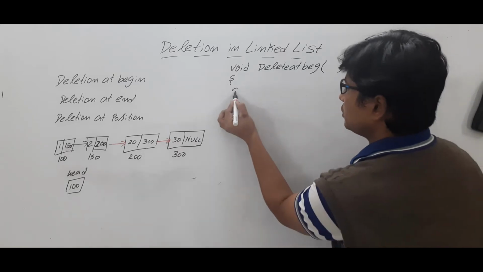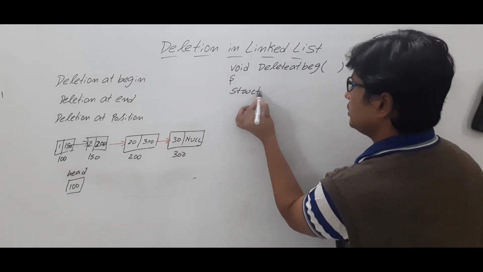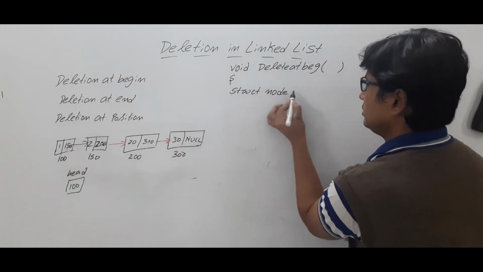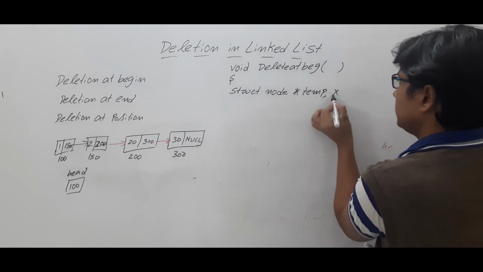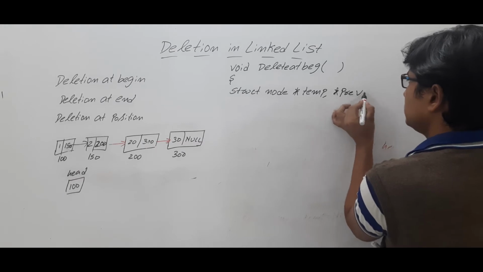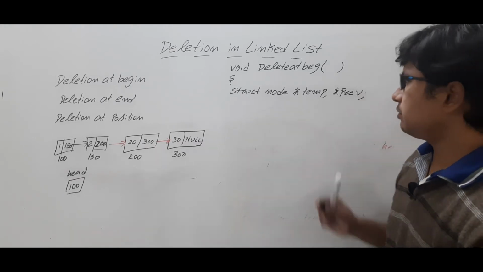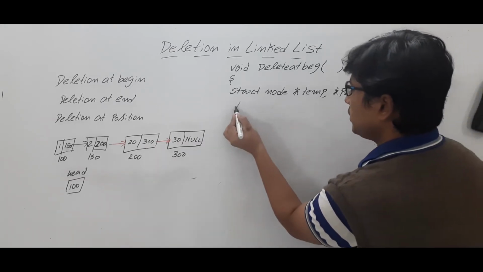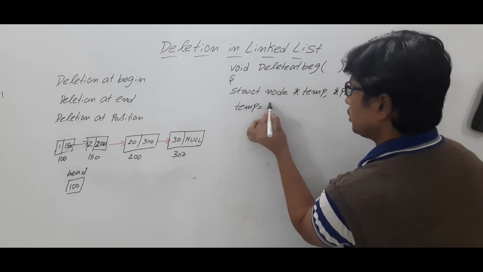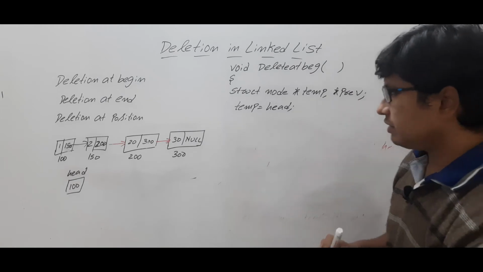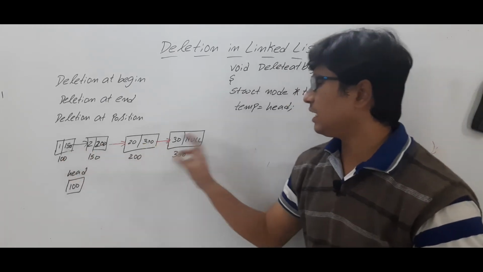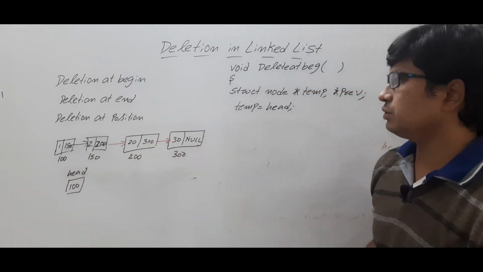So what I need to do is declare two pointers of struct node type. One is temp and another one is previous. I need to assign temp is equal to head. Now I need to traverse up to temp of next not equal to null.